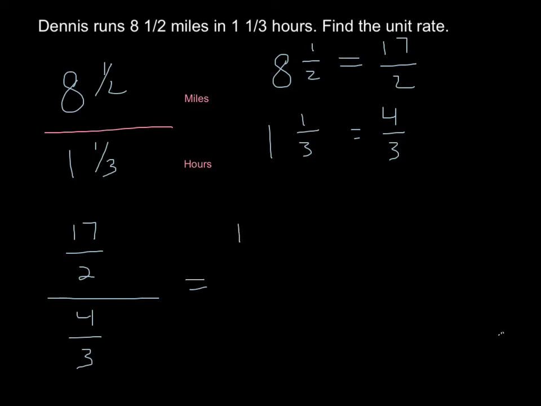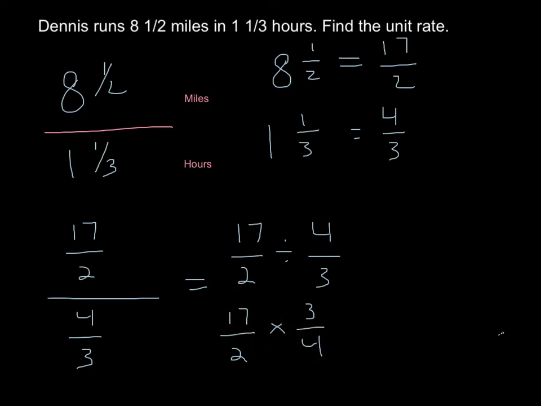So I have 17 over 2 divided by 4 over 3. Okay. Keep, change, flip. So that's going to change to 17 over 2 times 3 over 4. And now I can see if I can cross-reduce. Look at 2 and 3 and see if they share a common factor, which they do not. 17 and 4 also do not.